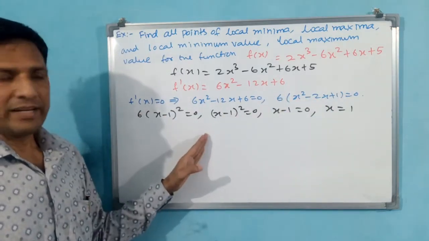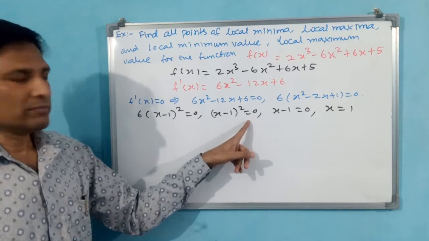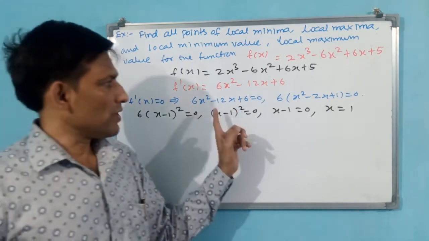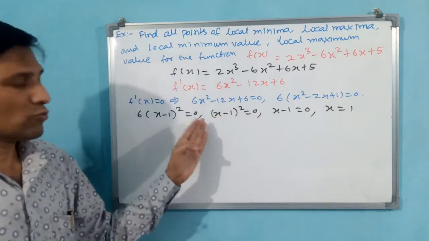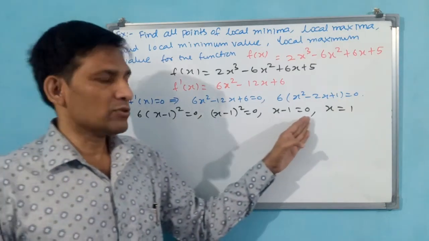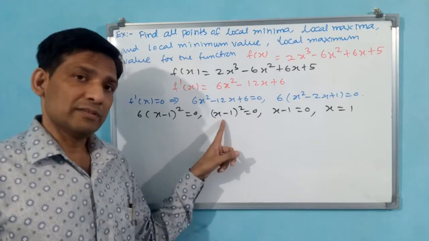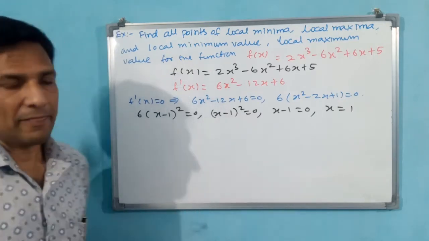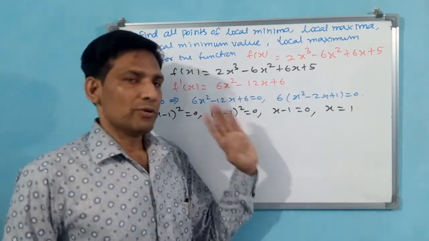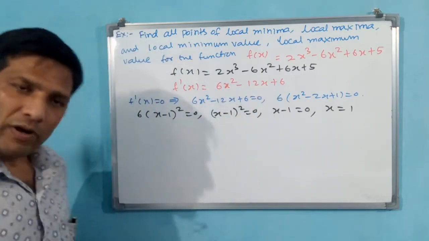The 6 I am sending to the other side, so (x minus 1) whole square is 0. Square means the same factor twice, so even one time it gives 0 only. Square is 0 means the value is also 0. So x is equal to 1 will come.